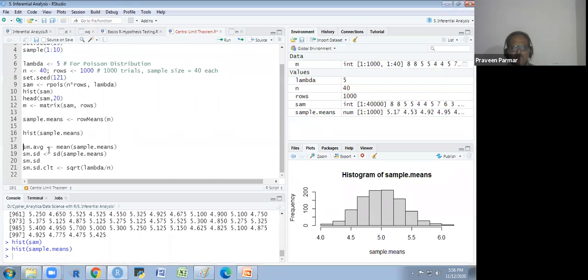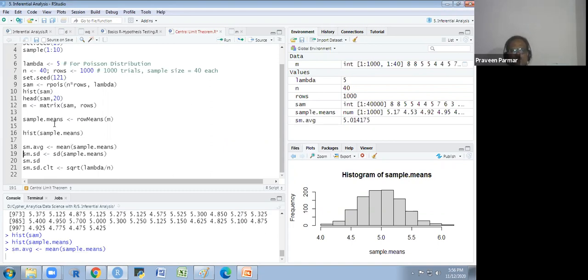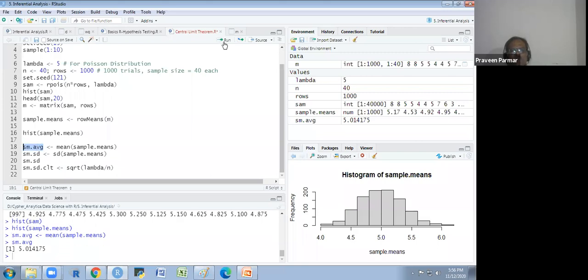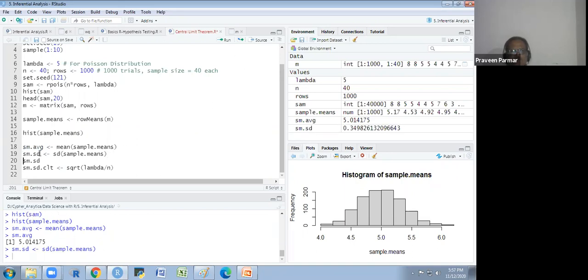I have explained some more things here. I am also getting the mean of the sample means. Whatever 1,000 means I have, I am finding out the mean of those means also. If I show you a single value, that is 5.01. I also find out the standard deviation, which would be 0.34.